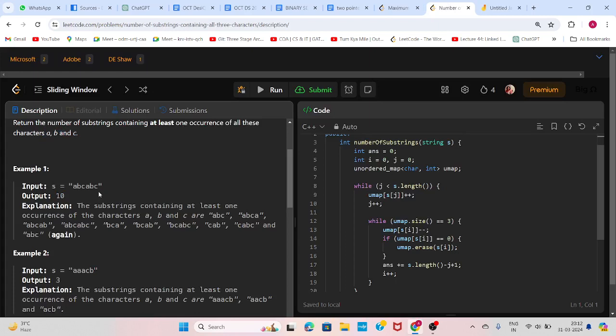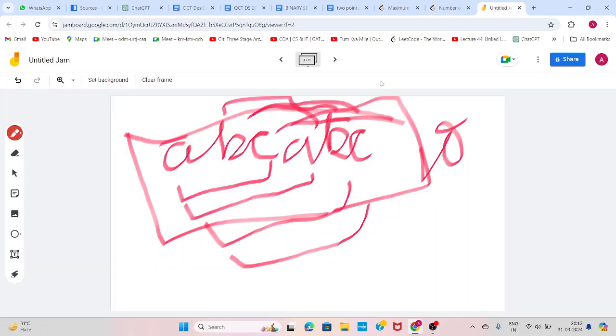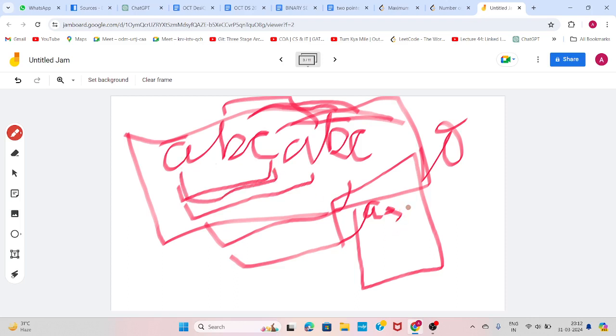So now what's the approach? As I said, we need all three to exist. Now we will make an unordered map. We will take care of all the characters in that particular string. Like we have A equals 1, B equals 1, C equals 1.